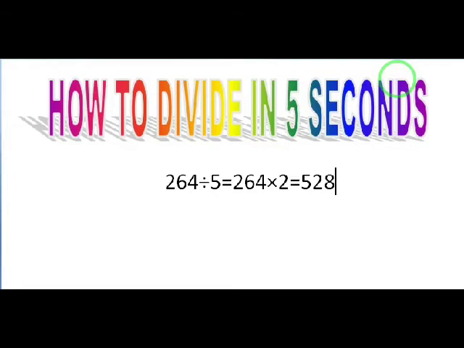So we have almost completed the trick, and the last step is that we have to add a decimal point from the right hand side, 1 unit. So here will be the decimal point, so 52.8.